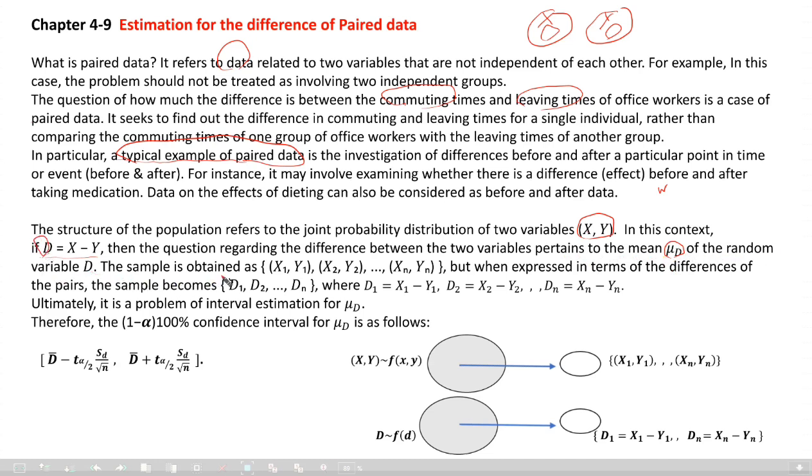The sample is obtained as (x1, y1), (x2, y2), up to (xn, yn), n paired data.